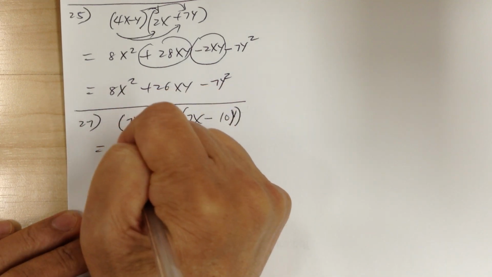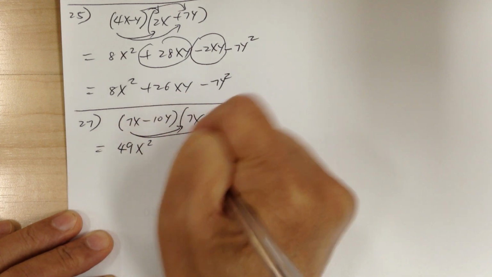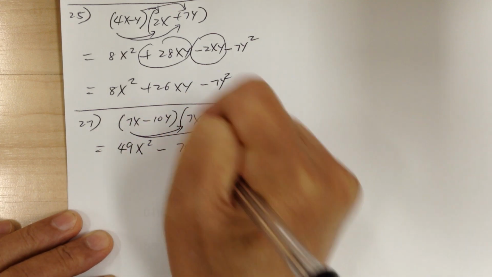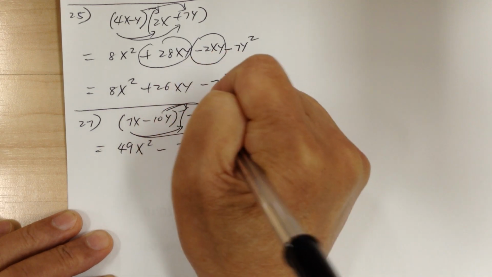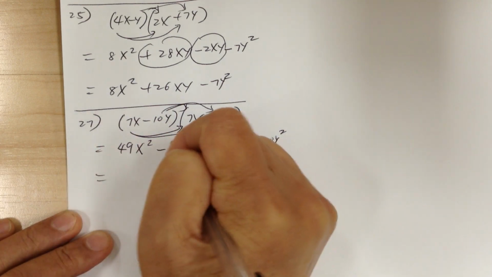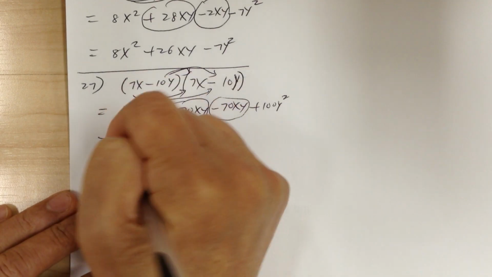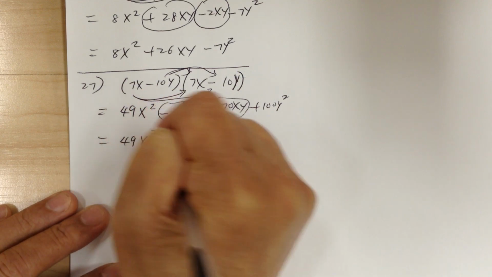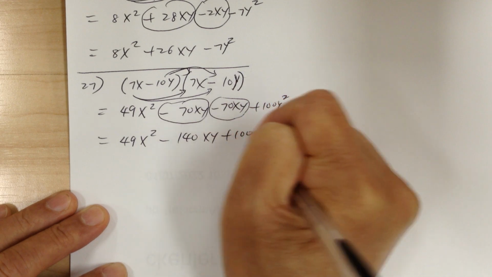So this would be 49x squared. This would be minus 70xy. This one would be minus 70xy. And this one would be plus 100y squared. Okay, then combine the like terms. So you get 49x squared minus 140xy plus 100y squared.